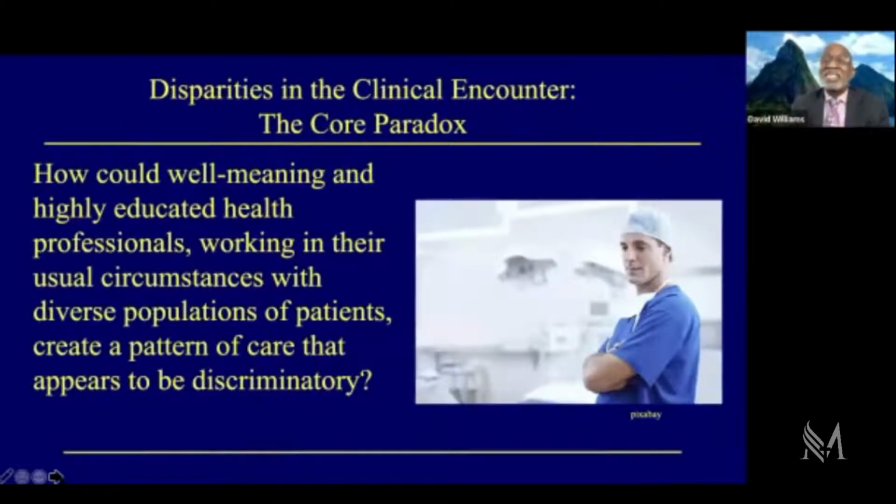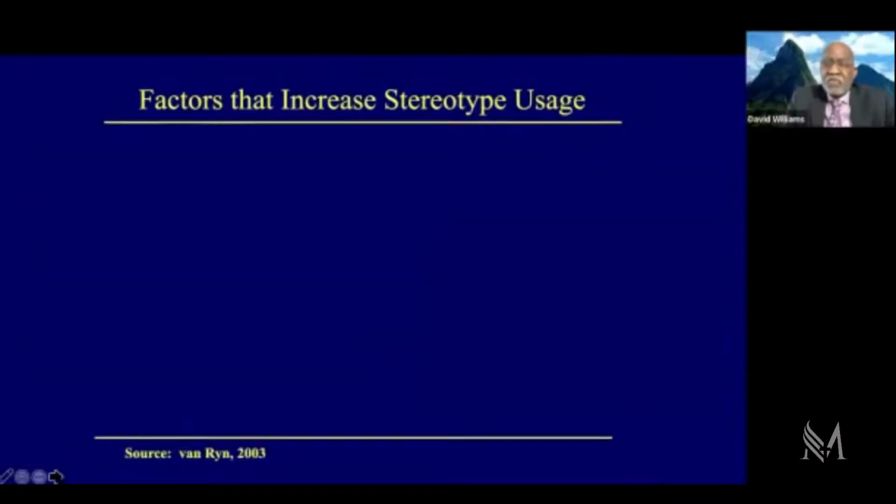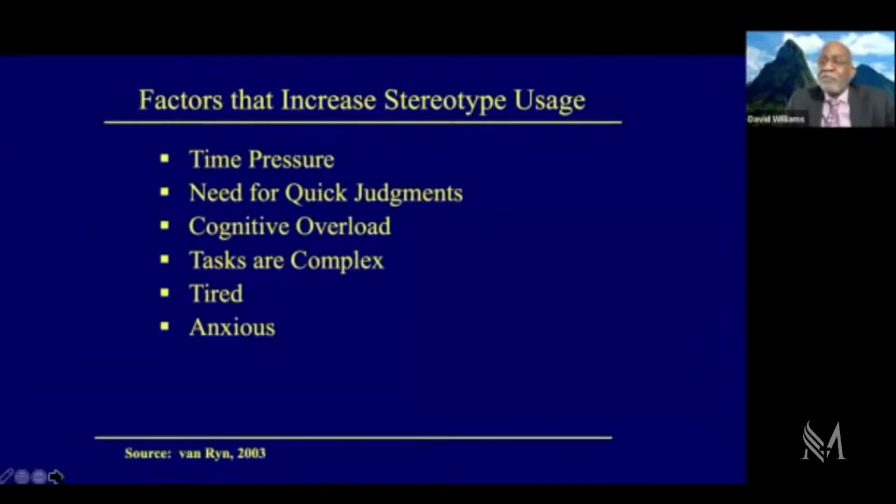How do we make sense of this? How is it possible that well-meaning, principled, highly educated health professionals working in the usual circumstances nonetheless can create a pattern of care that appears to be discriminatory? Well, one of the things we know from the scientific research is that there are certain factors that enhance the likelihood of implicit biases occurring.